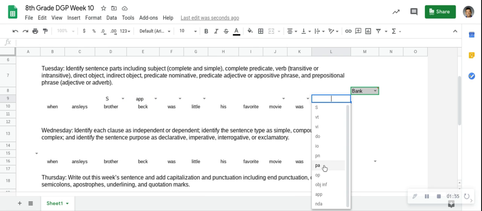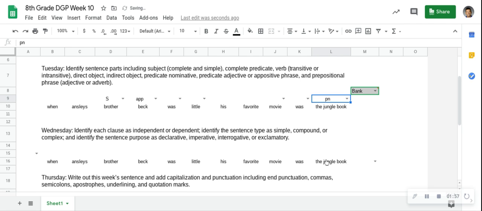It's renaming our subject. What is our subject? Lacey, what do you think? Movie is our subject. Jungle Book is us just simply renaming the movie in the predicate. We know that his favorite movie was the Jungle Book, but we only know that because we named it in the predicate.